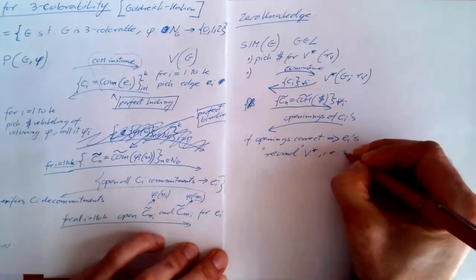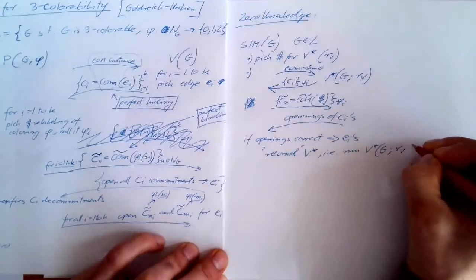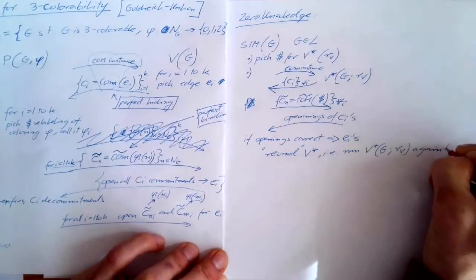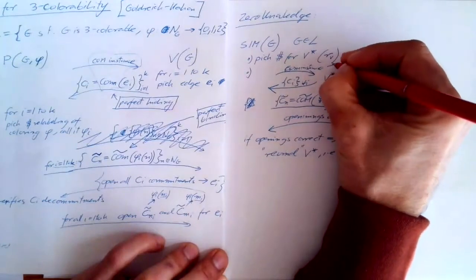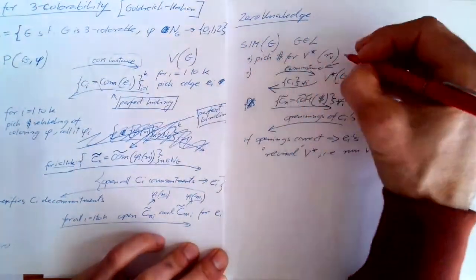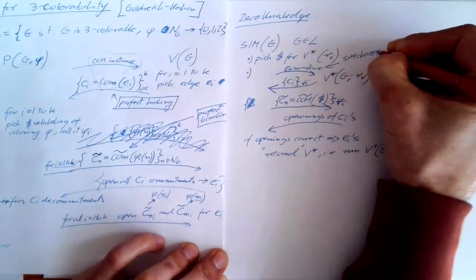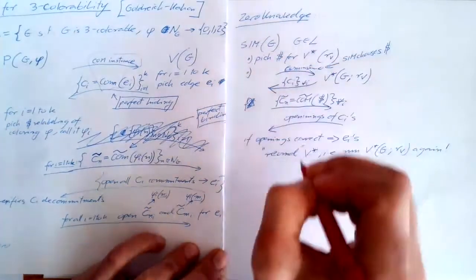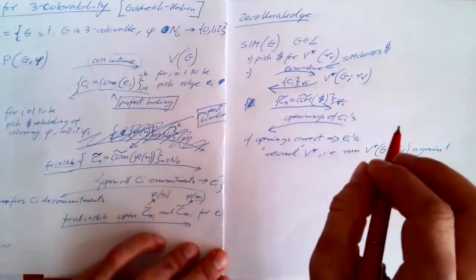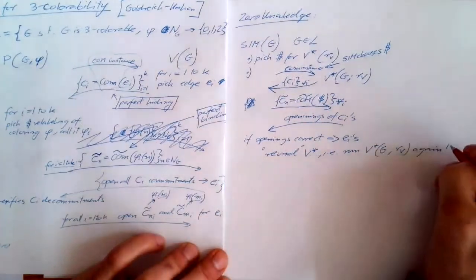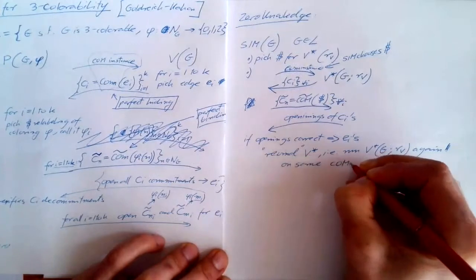At this point, rewind V star, i.e. run V star on G and RV again. Feed him the same com instance. So this com instance is chosen by the simulator, which chooses a random commitment instance, and we run again on the same commitment instance.